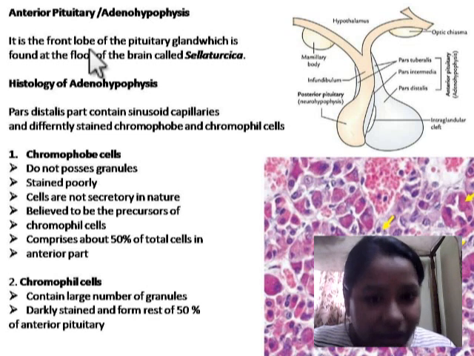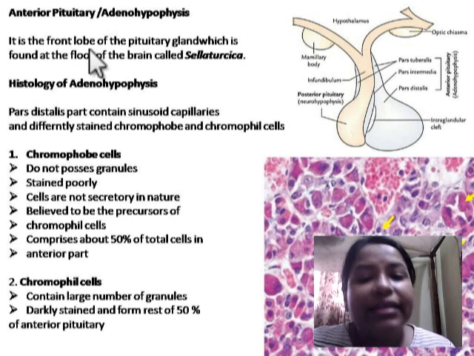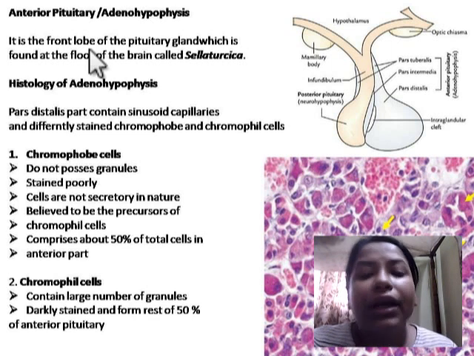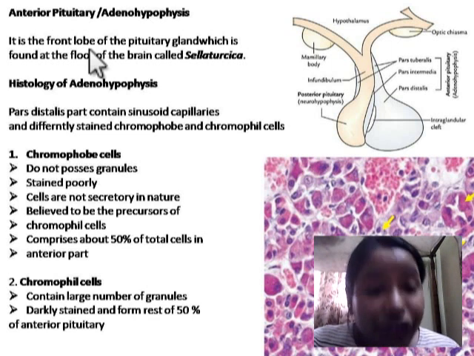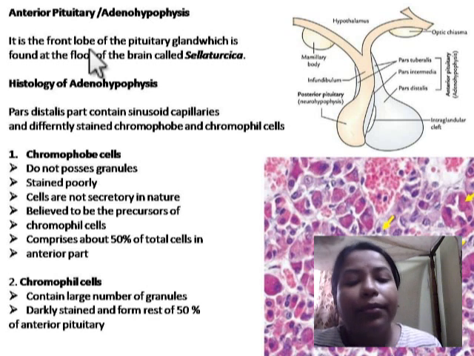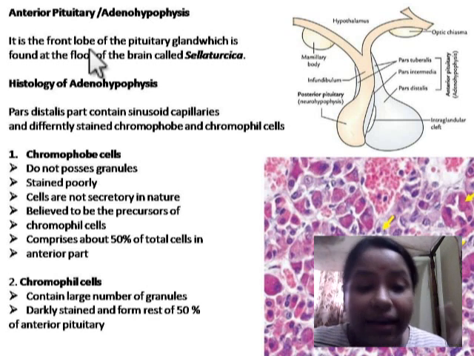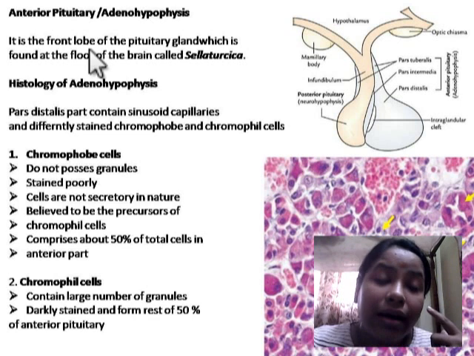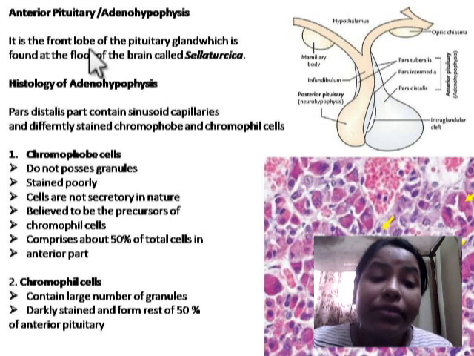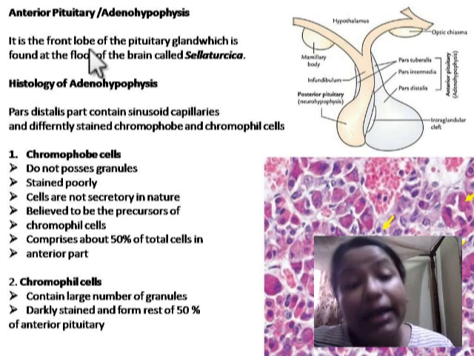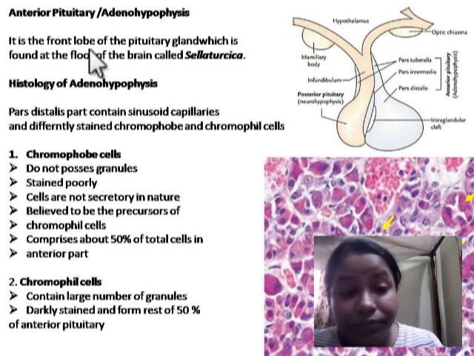They are degranulated and stain very poorly. They are not secretory in nature but are precursors of chromophil cells and comprise 50% of the total cells in the anterior part.